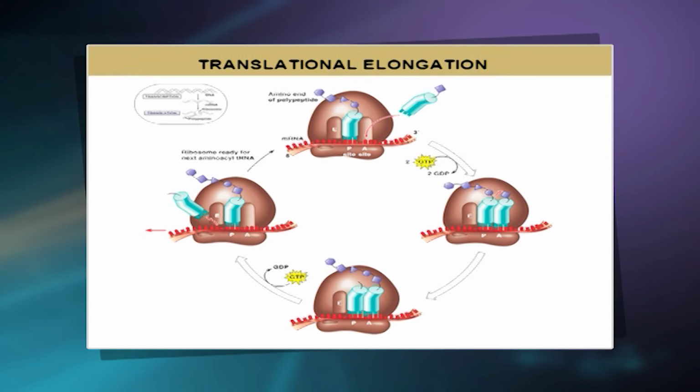The A site is now free for the aminoacyl tRNA corresponding to the next codon to bind to it. Then, as before, a peptide bond is formed between the second and third amino acid, and the ribosome moves along a single codon, leaving the A site free for the next anticodon. This process is repeated until the ribosome encounters a stop codon.